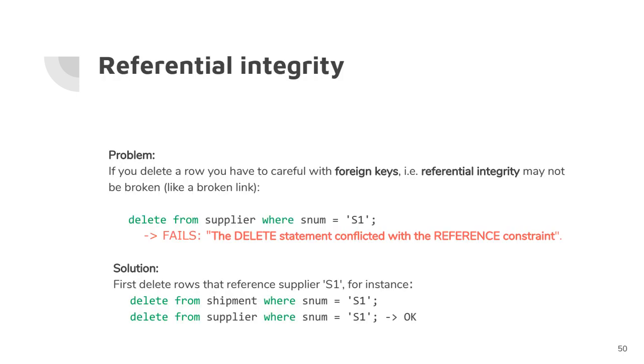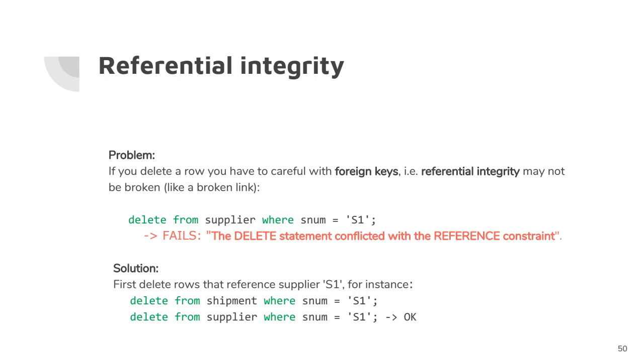Okay. So you have referential integrity. So referential integrity is a fancy term for just saying that you have to be careful with foreign keys, because if you have a foreign key, that means you have a link to another row, and that link cannot be broken. So for instance, if I delete supplier where snum is S1, there can be a conflict, because it could be that there are shipment records from S1.